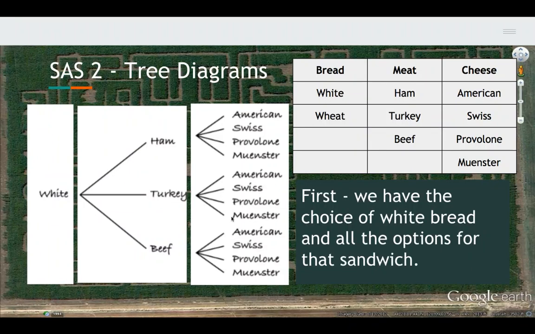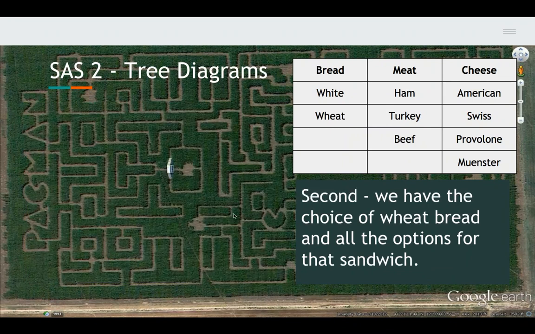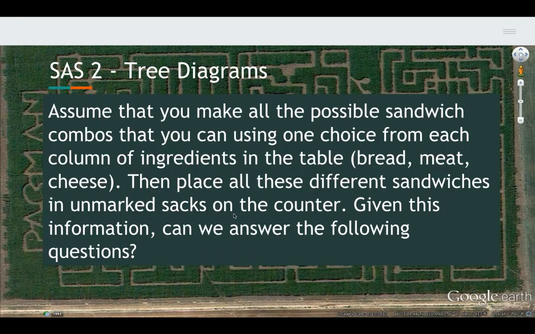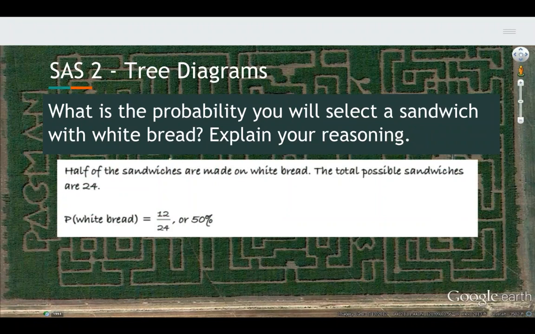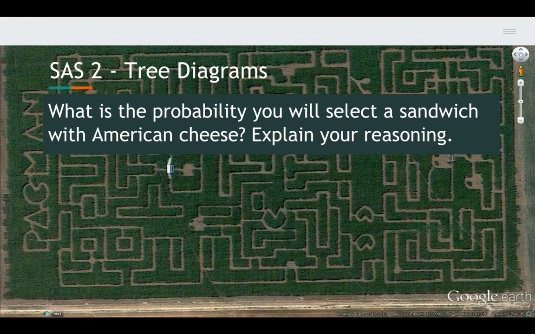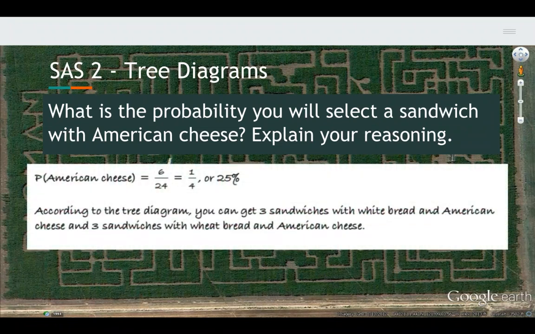So it's 1/12 times 6, or times 4 for 24. So 12 over 24, 50% of them are going to have white bread. We already said that. American cheese, 6 of 24.